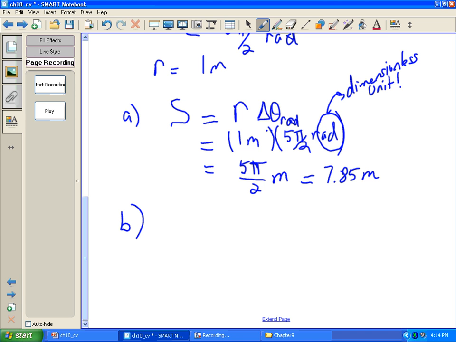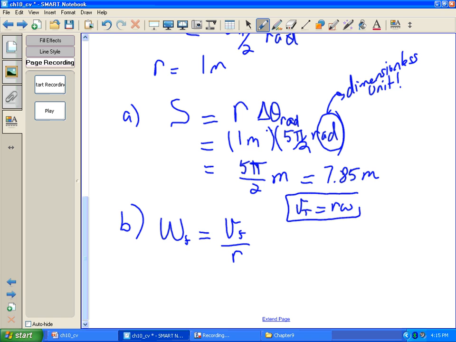Part B asks us to determine the angular velocity, or the angular speed, let's say, at the point of release. They're asking us for omega final. We know that v final is 25 meters per second, and we divide that by r because of the relationship that v tangential, in this case the final, is equal to r omega.